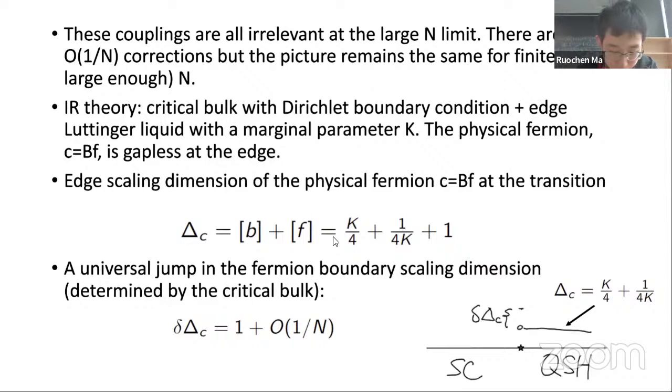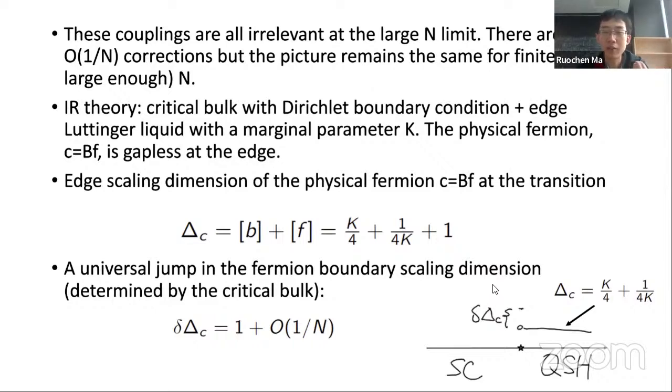And the most interesting thing is that now, if you look at this result, we look at the scaling dimension of a single fermion across the transition. On the side of the superconductor, the fermion, a single fermion is gapped.